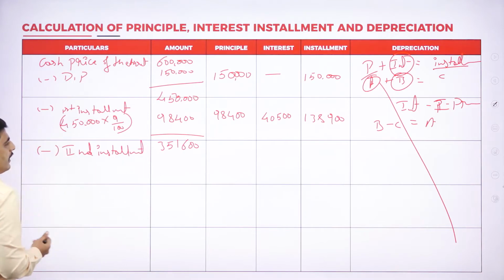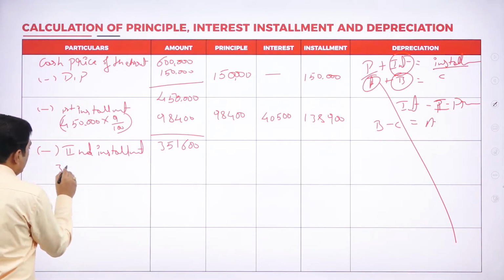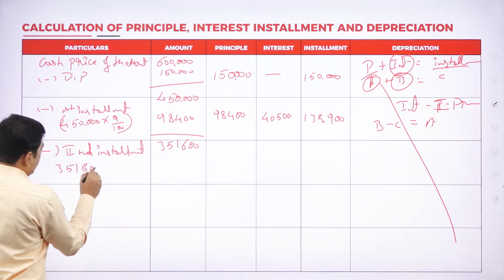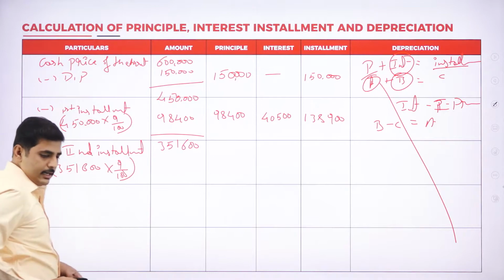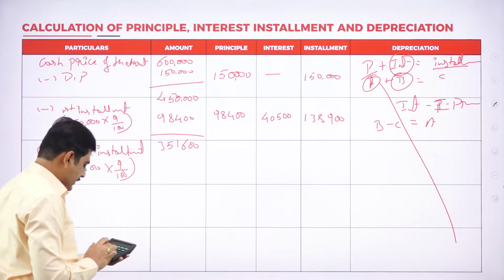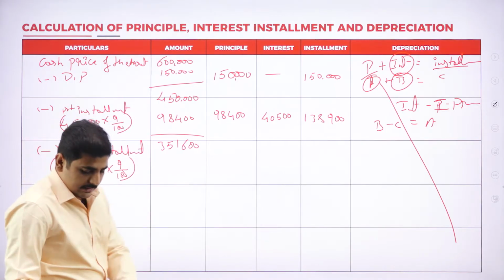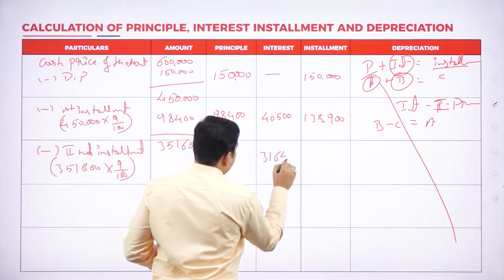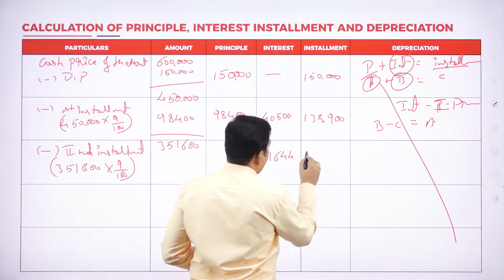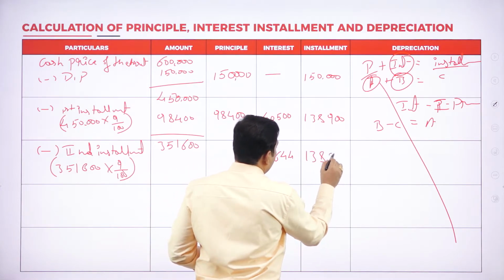Let's calculate the interest on this 3,51,600 into 9 by 100. So, it is 3,51,600 into 9%, which is 31,644. We know the installment every year is 1,38,900.